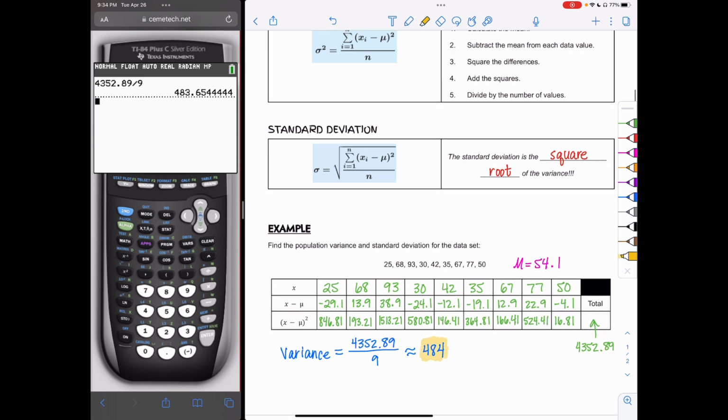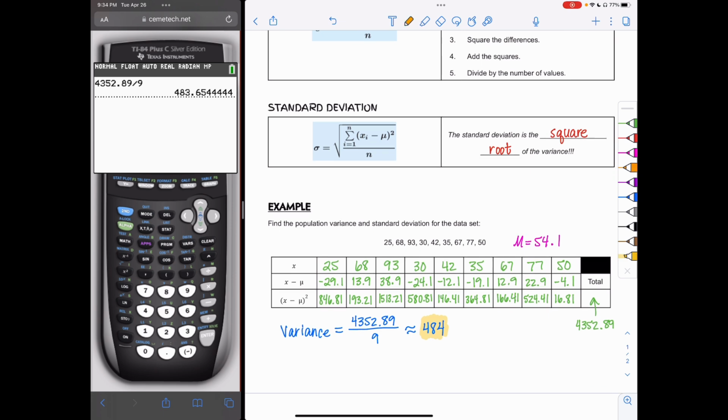And then remember that your standard deviation is the square root of your variance. So my standard deviation will end up being the square root of 484. And the square root of 484 is approximately 22.